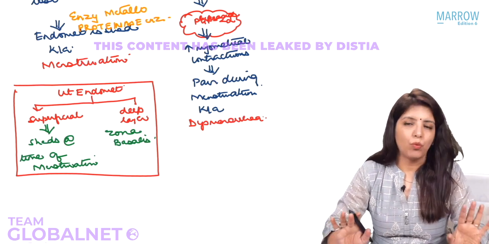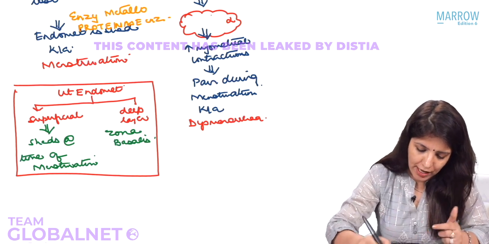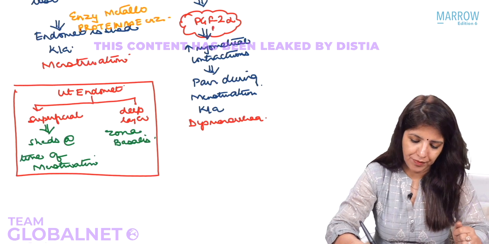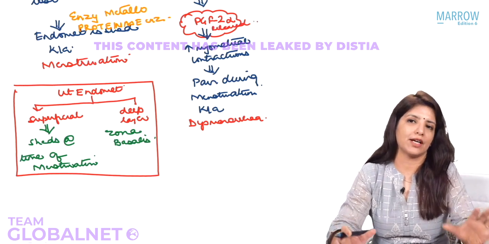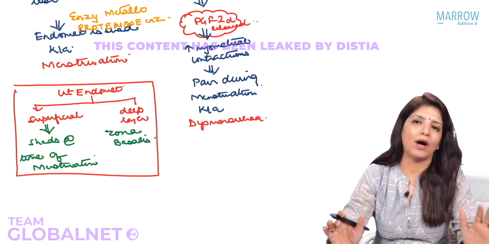Clear? So why does dysmenorrhea happen? Dysmenorrhea happens because PGF2 alpha was released. So if I ask you which is the main prostaglandin which is released during menstruation, it is PGF2 alpha.